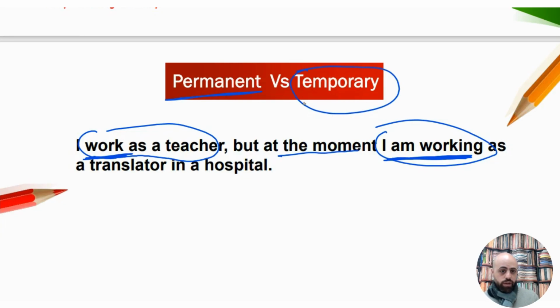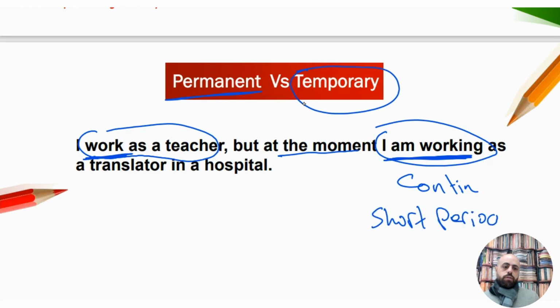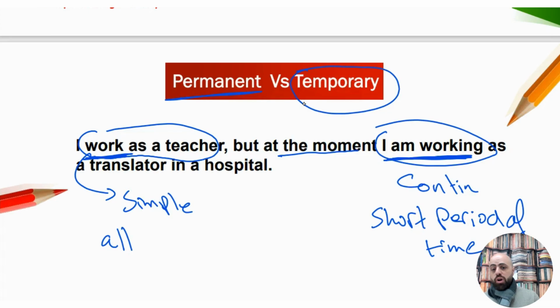So let me just summarize it. Remember, the present continuous is temporary or for a short period of time. Now, for the simple present, it is always, all the time, permanent.